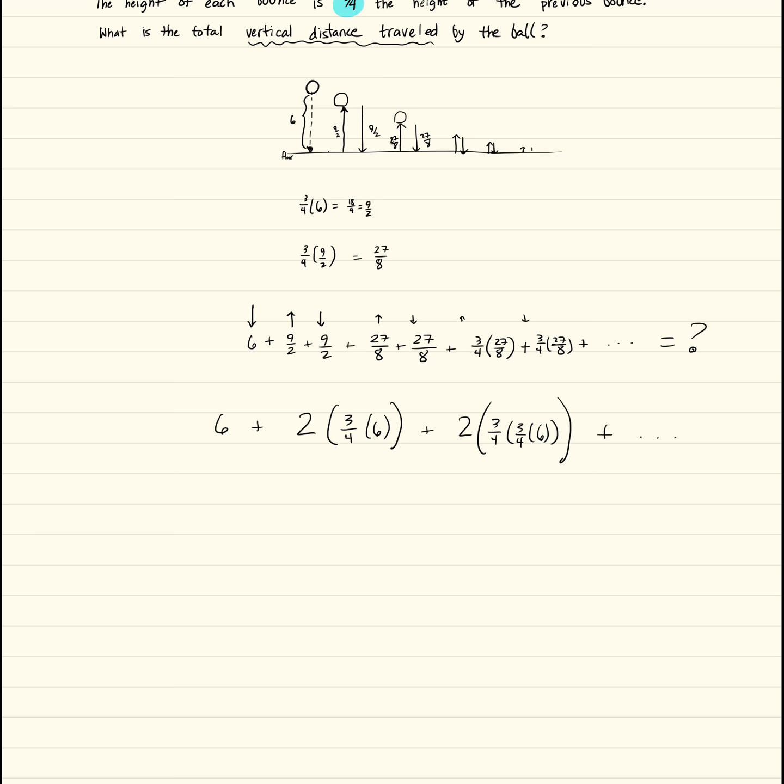And each time we're taking 3/4 of the previous height, right? This factor of 2 comes from the fact that the ball has to go up and down, so we're getting twice the distance. And then each time we're multiplying by 3/4 because you're only traveling 75% of the distance of the previous bounce.